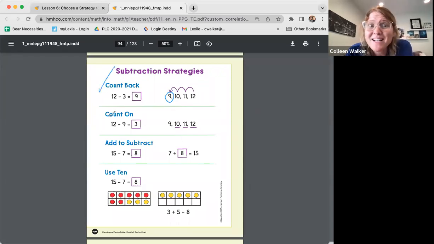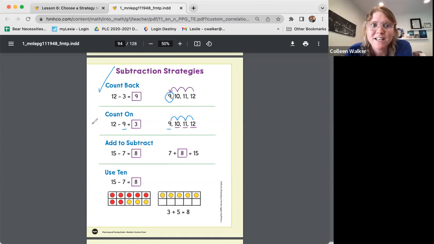We also have been counting on. For example, what's 12 minus 9? We'll start at 9 and we'll count on to get to 12 to figure out how many numbers we counted on. In this case, we counted on 3.